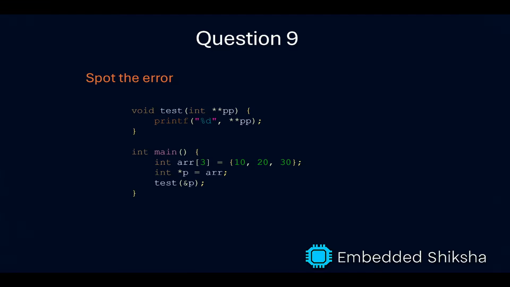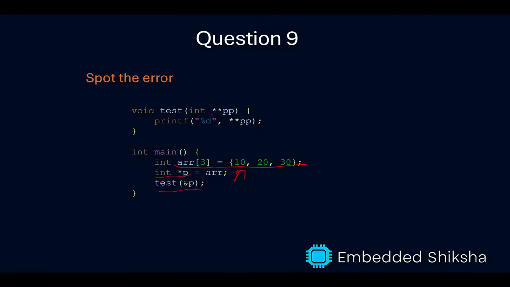Do you see any error in this? Let's check it out. You have declared an array of 3 integers, and you have created a pointer which is assigned the base address of this array. Then you are calling a test function with the address of p. Address of p means you are passing the address of the pointer to the first element of this array, which is 10.